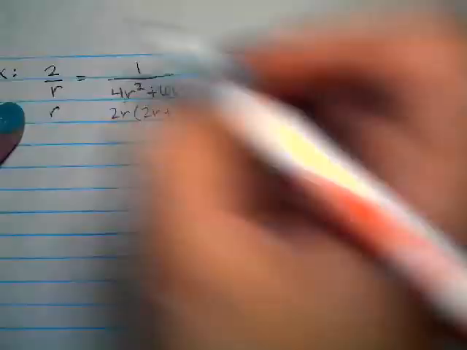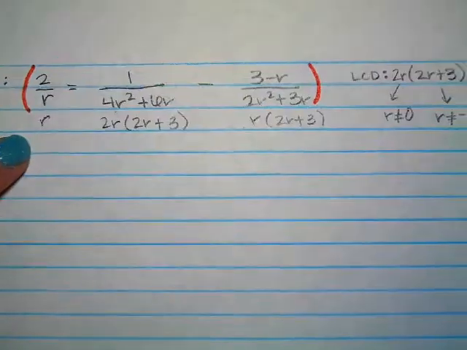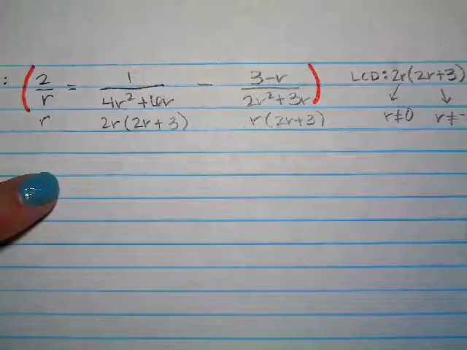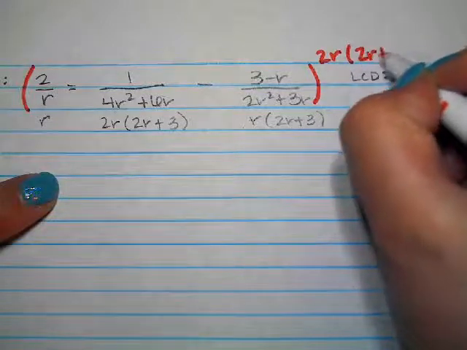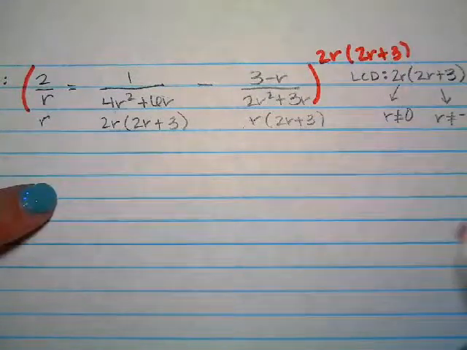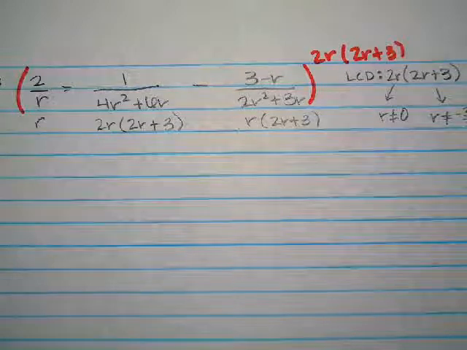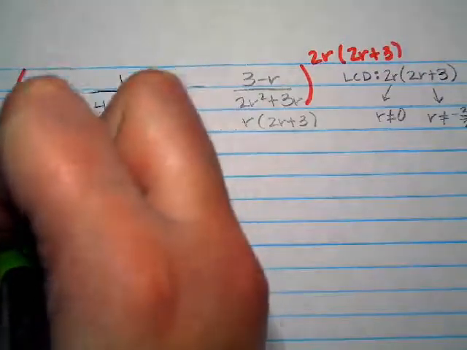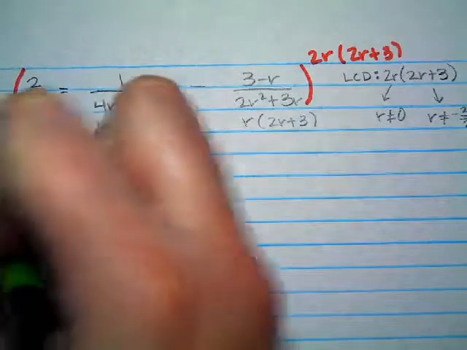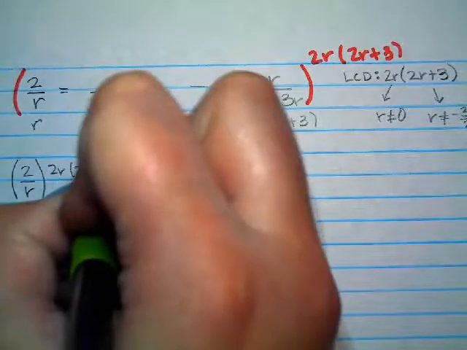All right, so what we're going to do is take the entire equation and multiply the entire equation by what? 2r times 2r plus 3. We're multiplying the entire equation by this. So I have 2 over r times 2r plus 3.